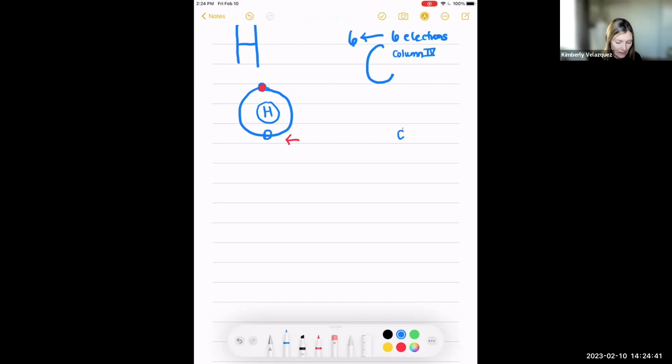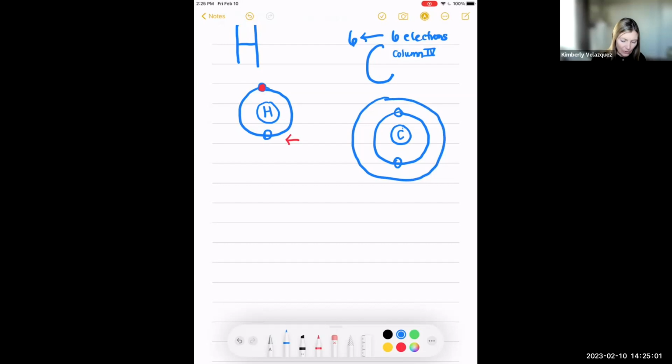So carbon, I'm writing the chemical symbol of the element in the nucleus this time, so we can keep track of which atom we're talking about here. So first electron shell holds 2, and obviously carbon has more than 2, so those other electrons are going to go in the second electron shell, which holds a maximum of 8 electrons.